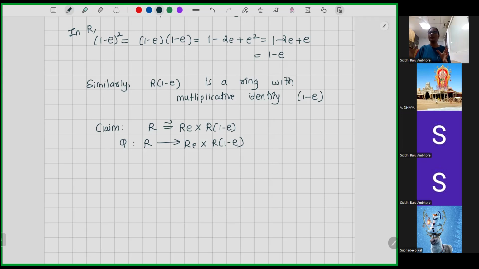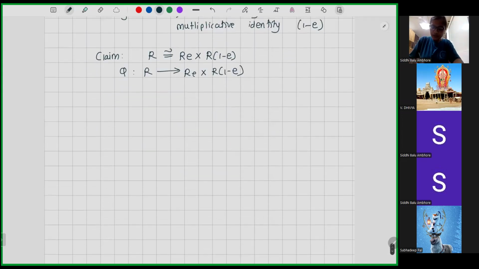They are independent rings with independent ring structure, with multiplicative identities E and 1 minus E respectively.